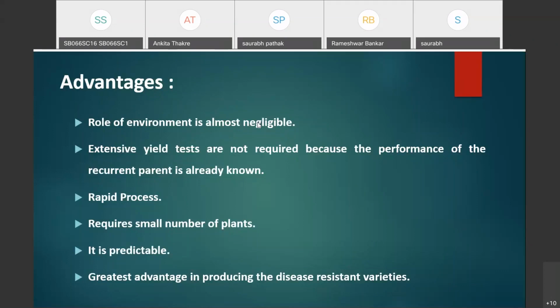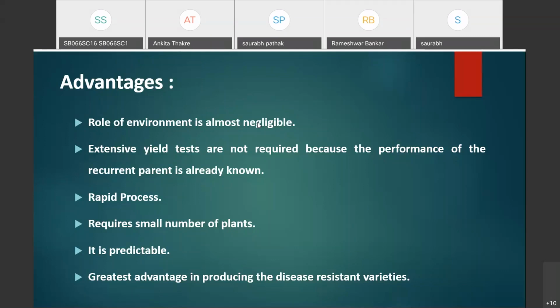In this method the role of environment is almost negligible. This method is independent of environment. That means this method can be used in any environment where the plants can grow and where the character under transfer will express itself.